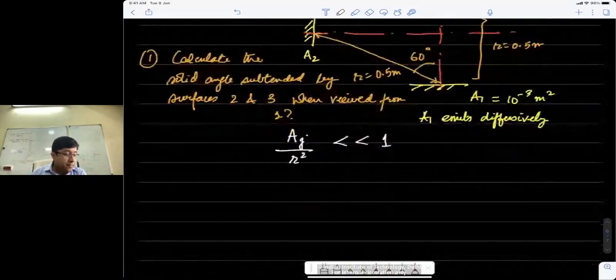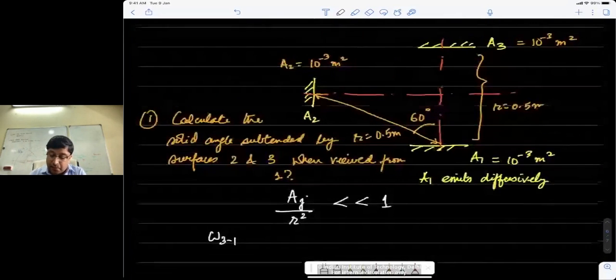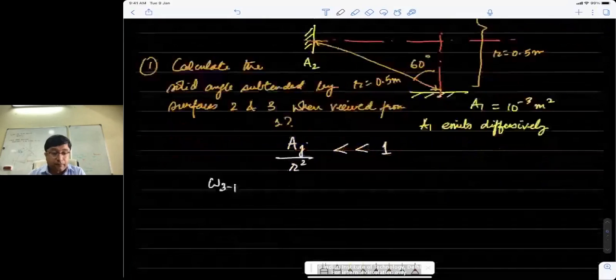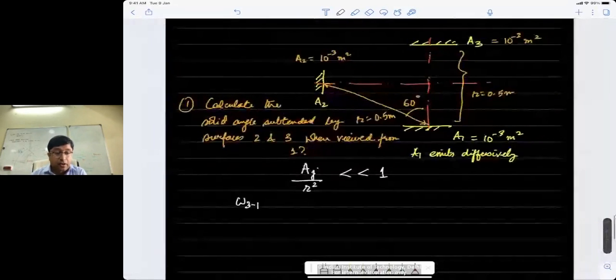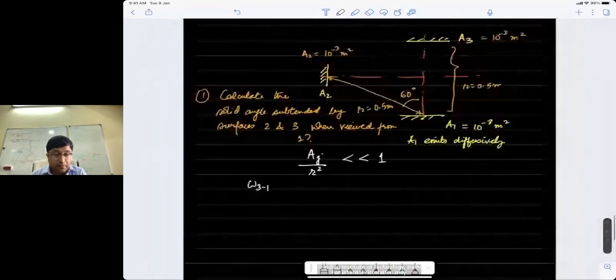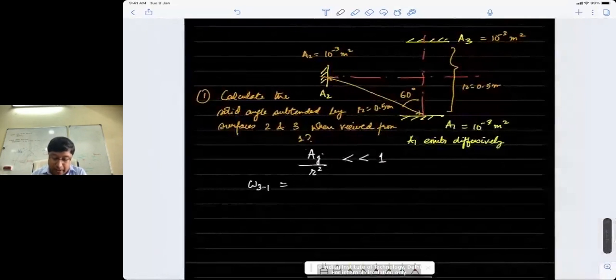Using this, say I want to calculate omega 3(1), which is an easier angle. Surface 3 is right above surface 1. If you want to see the schematic and then do the calculation, let me put them on the same screen. So omega 3(1) is the solid angle subtended by surface 3 when viewed from surface 1.